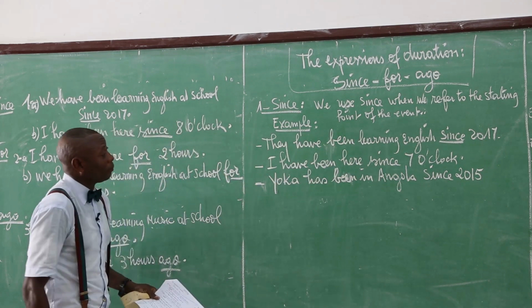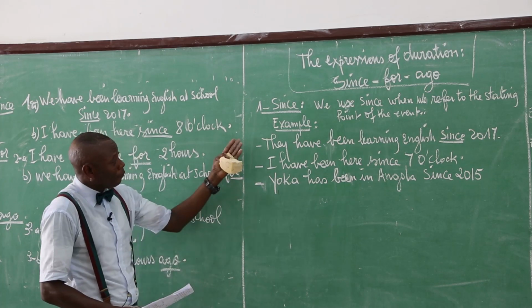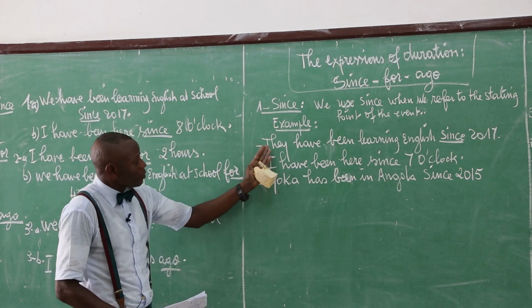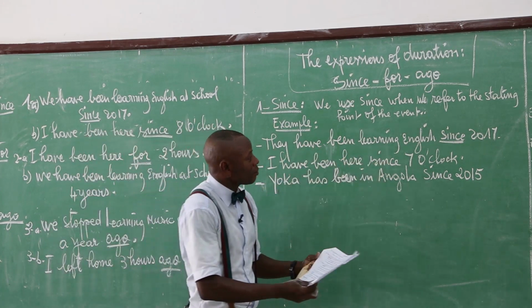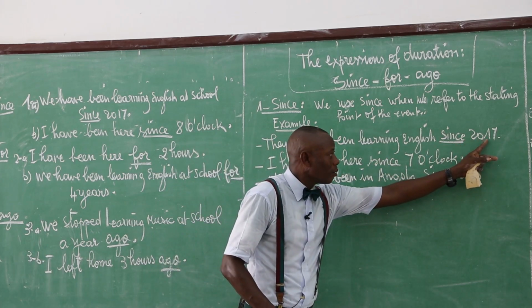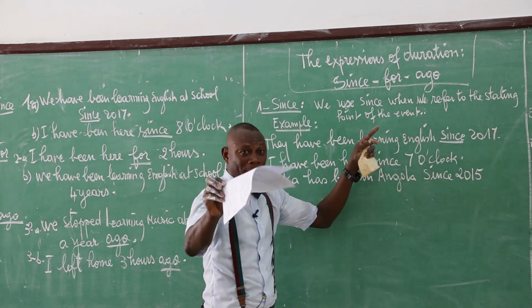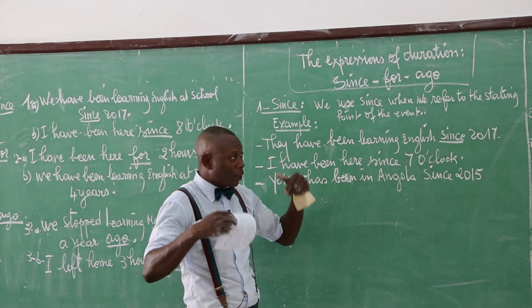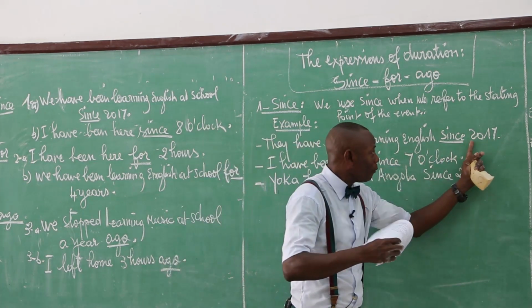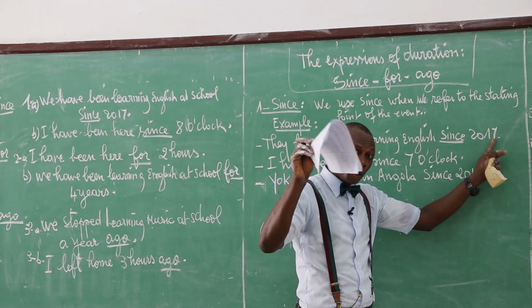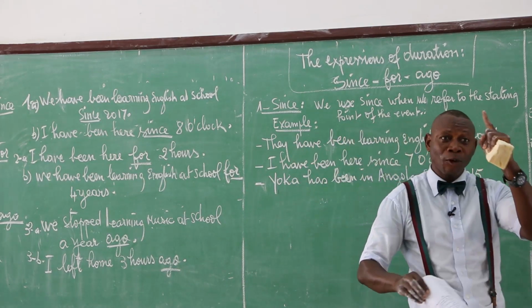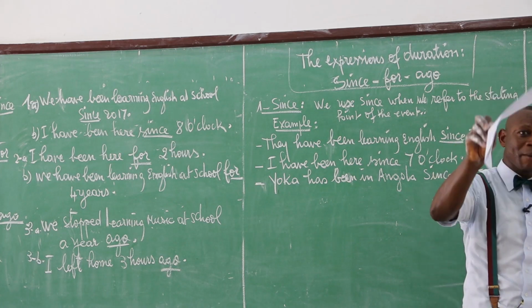So we have 3 example sentences. Yourself, you can say, I have been learning English since 2017, when you were in the first form in grammar school, I mean in CESIAM, okay?